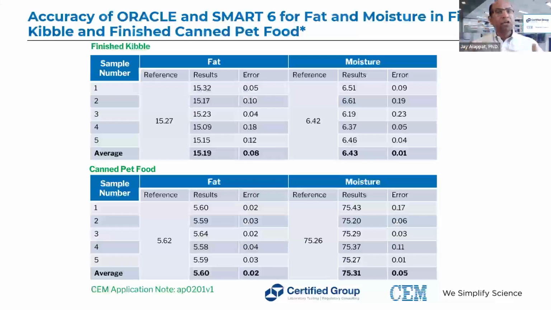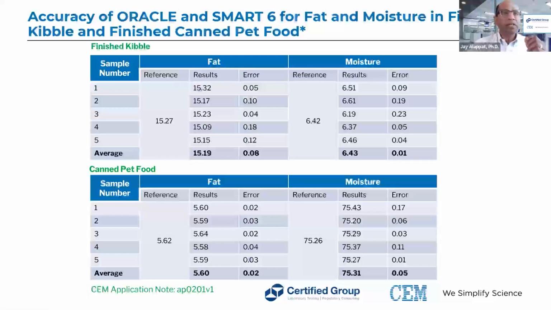By the way, I'll be talking a lot about pet food matrices. We have done a lot of work on food and other matrices, but here our focus is on pet food. Yet again, there is an excellent agreement in the fat between the reference method and the moisture reference method for canned pet food, as well as the finished kibble.